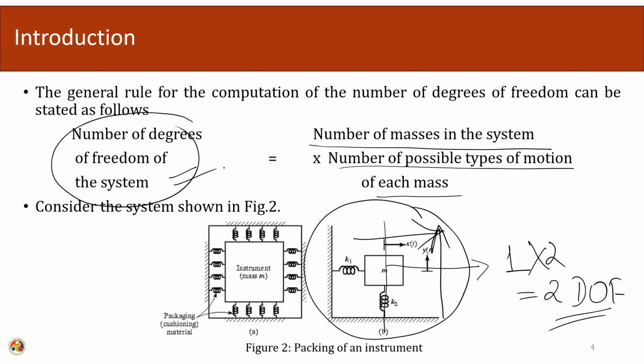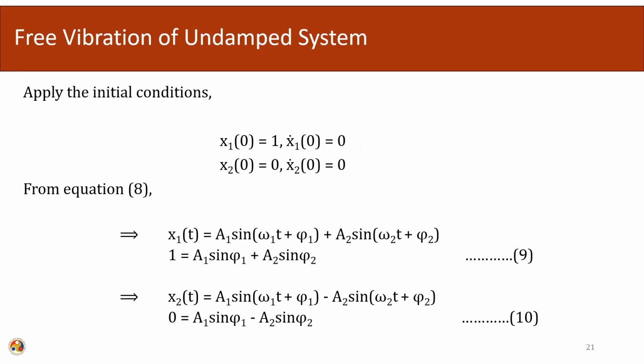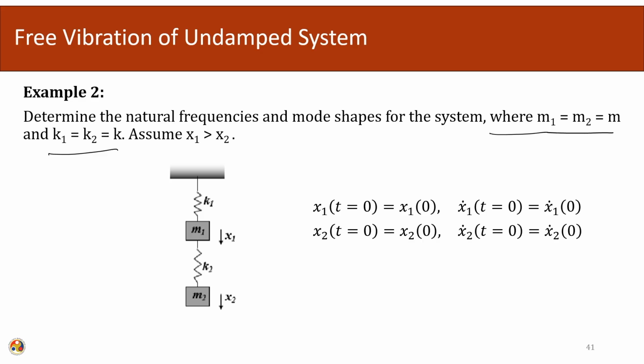Our rule was that we have to look into the number of masses in the system, and then look into the individual motion of each mass to calculate the total number of degrees of freedom of this particular system. So, we will again follow this rule. Here in this particular case we have 2 masses, mass m1 and mass m2.